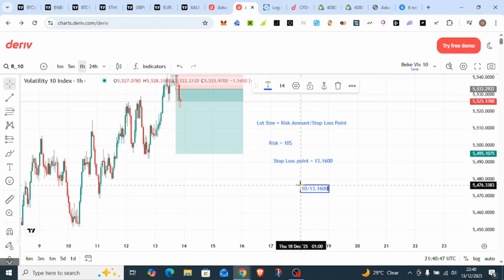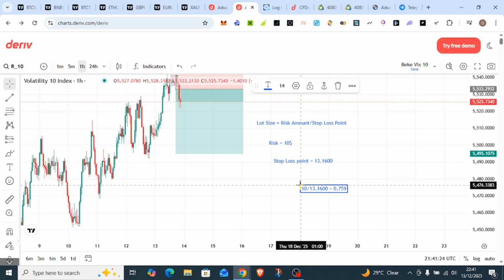Let's do the maths using our calculator so that we know what is the answer. This is 10 divided by 13.1600. It's going to give us 0.759 approximately.